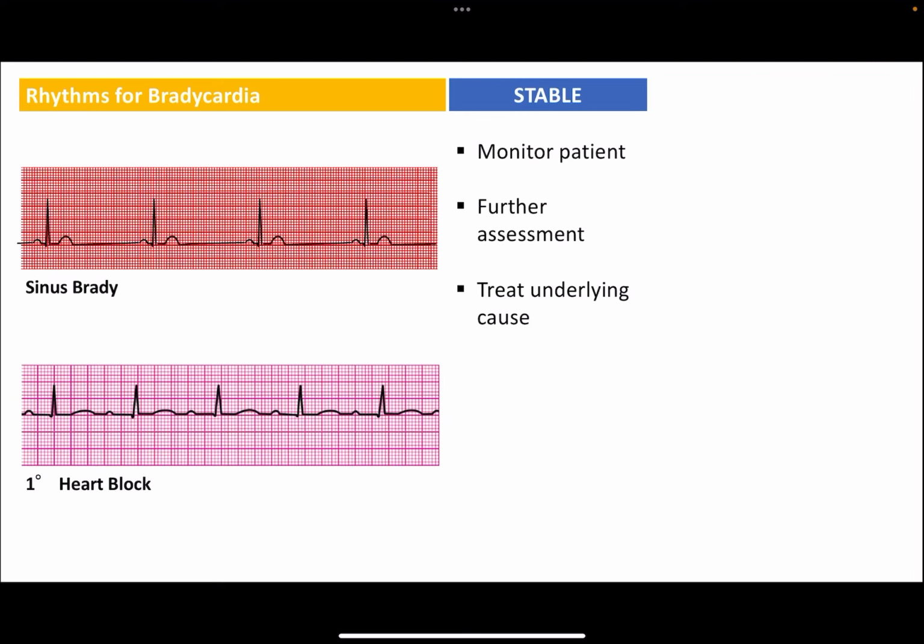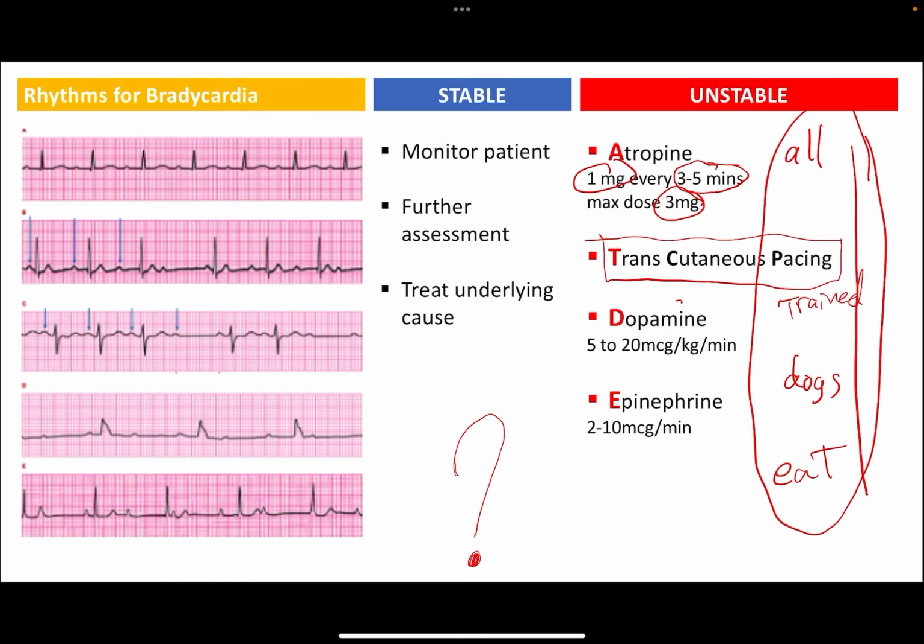So for hypotension, if the patient's blood pressure is, let's say, 100/70, is the patient stable or unstable? Okay, so the patient is hemodynamically stable for this case.